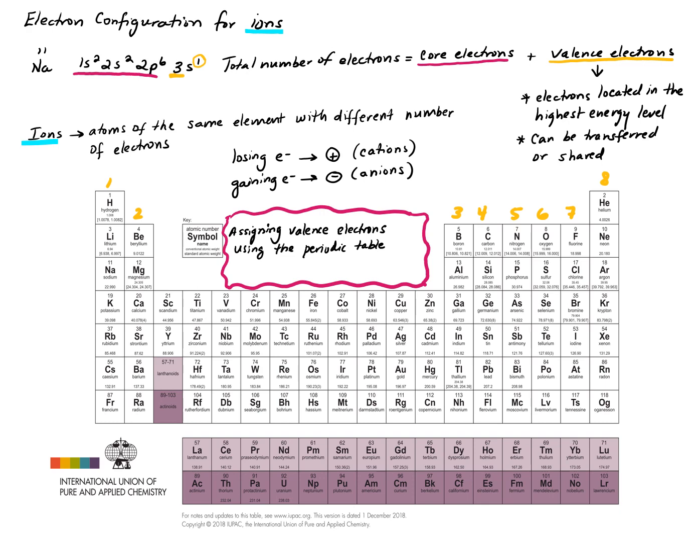Out of the three energy levels, 1, 2, and 3, first, second, and the third energy level, the third is the highest energy level.